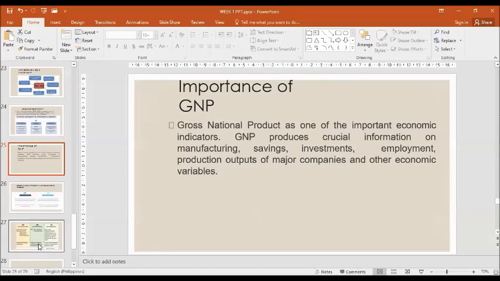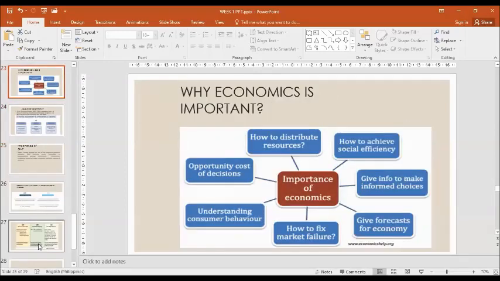So understanding consumer behavior, here we are creating satisfaction for our consumers.